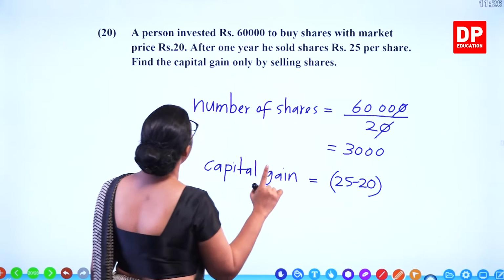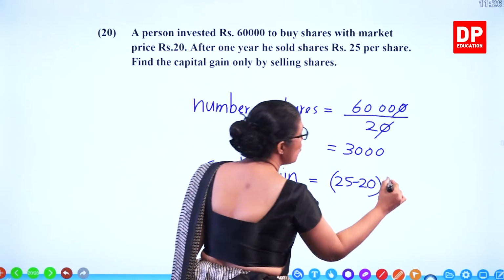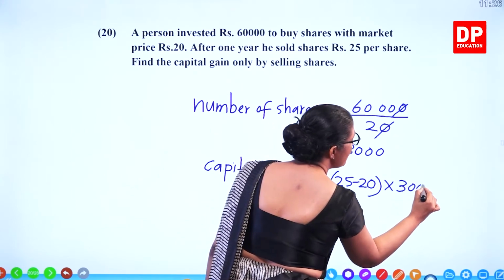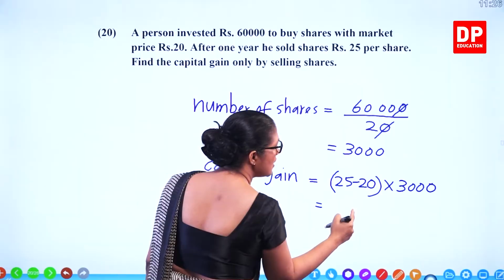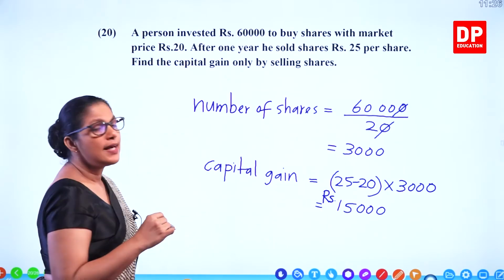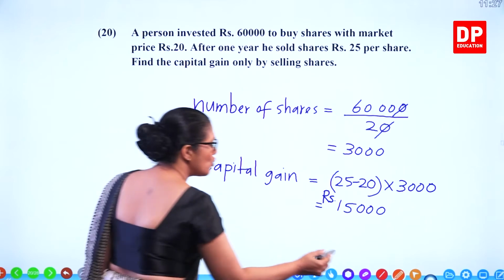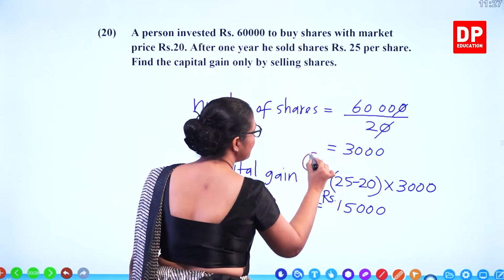And we have 3000 shares here, so you multiply by 3000. So 5 into 3000, that means 15,000 rupees. So we get 15,000 as the capital gain. So you get 2 marks for that.